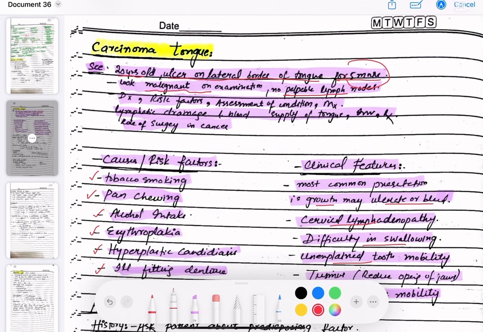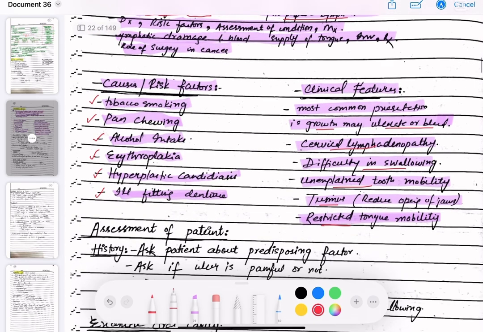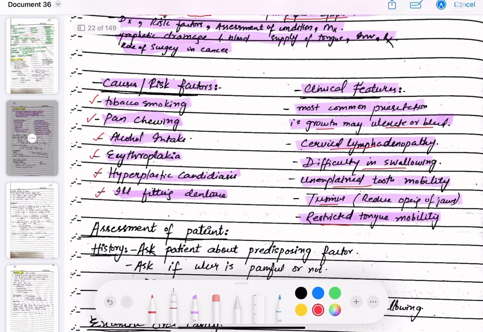And the clinical features are that the growth may ulcerate or bleed, cervical lymphadenopathy is present, difficulty in swallowing is there, unexplained tooth mobility is there, trismus, that is reduced opening of the jaws, is there, and restricted tongue mobility is there. These are the clinical features.